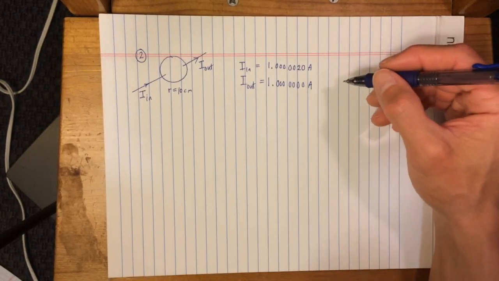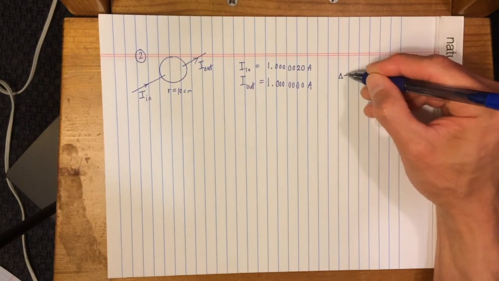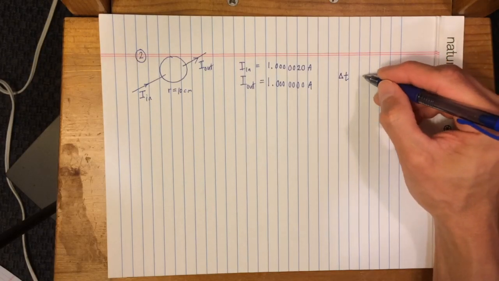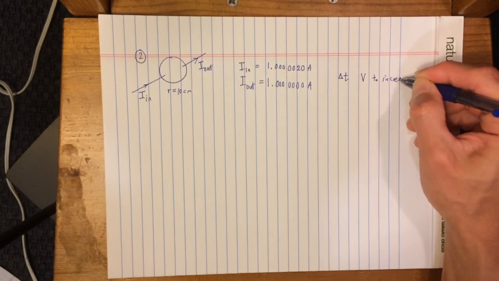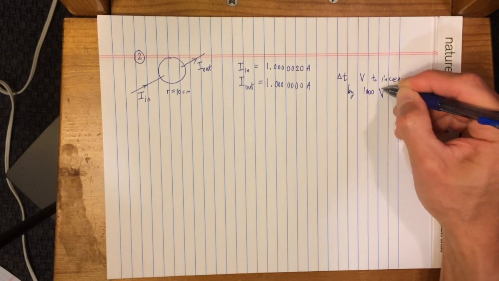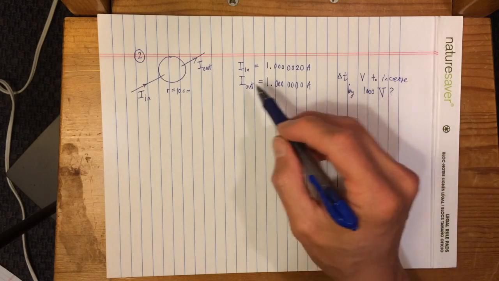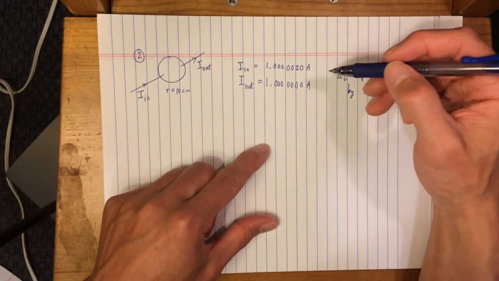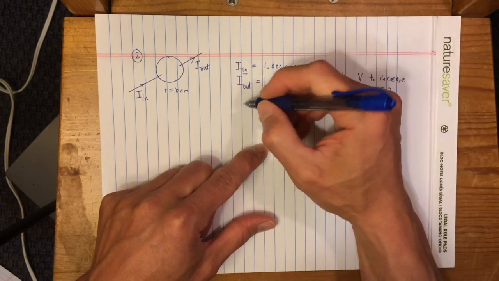And it asks what is the amount of time it takes for the potential to increase by 1,000 volts. Presumably, because of the difference in the inbound and outbound current, the inbound current is a little bit bigger than the outbound current.